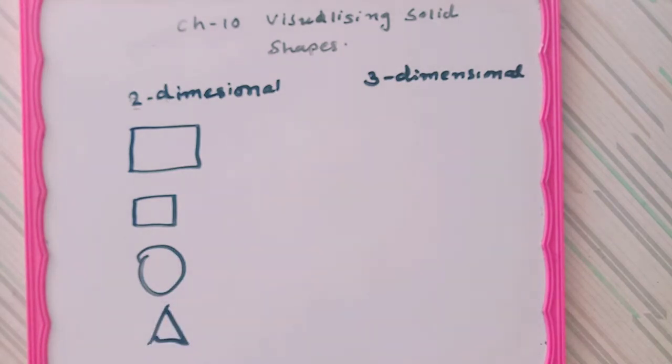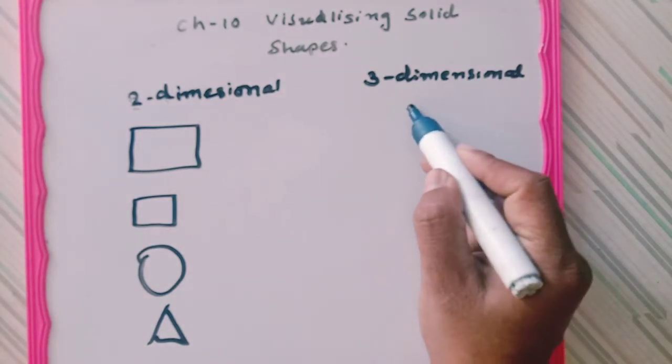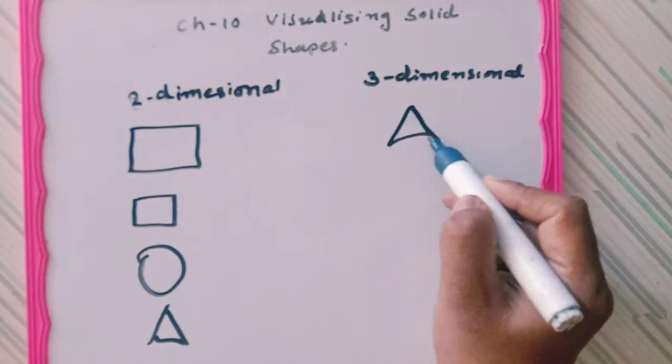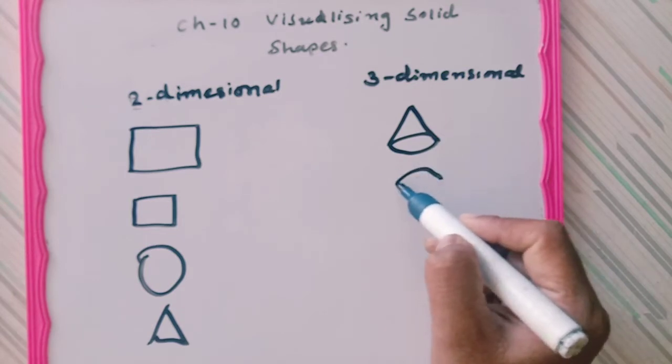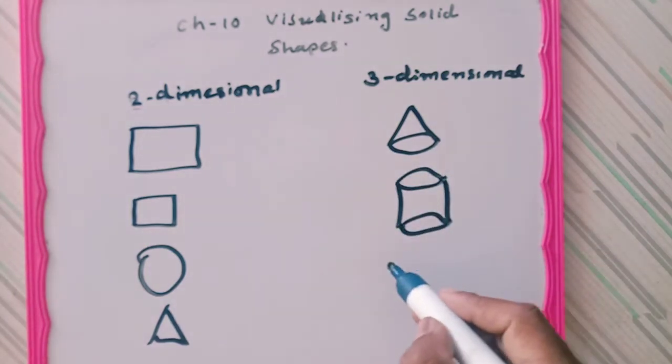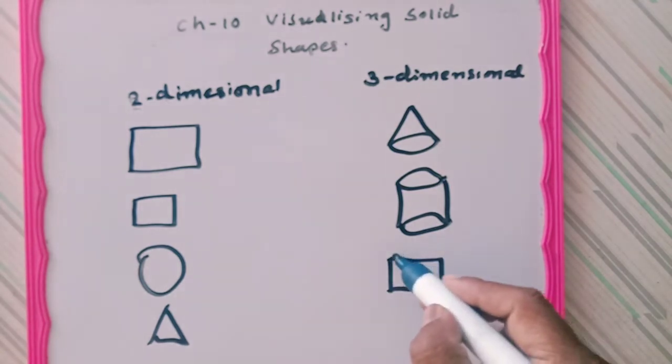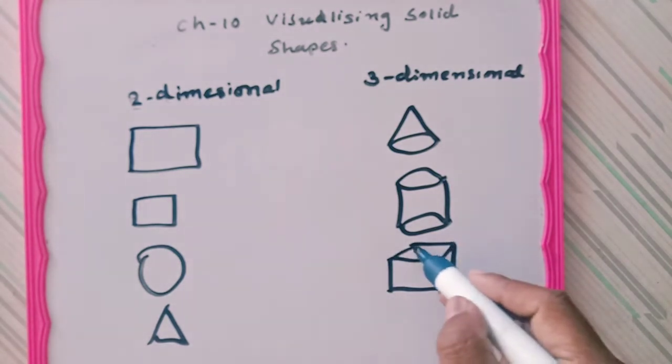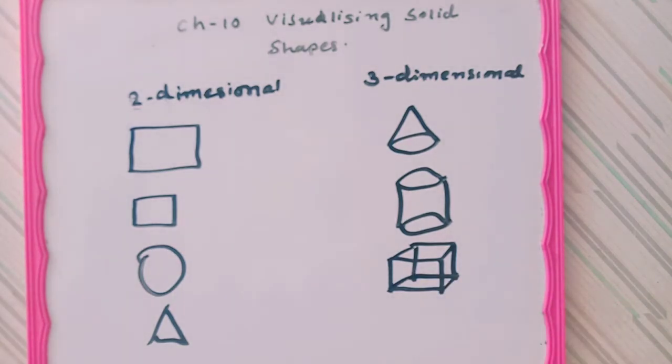These are called two-dimensional, while shapes like the cone, cylinder, cuboid, which we require to represent in three directions, are called three-dimensional objects.